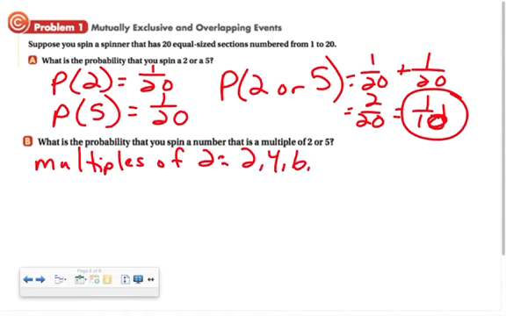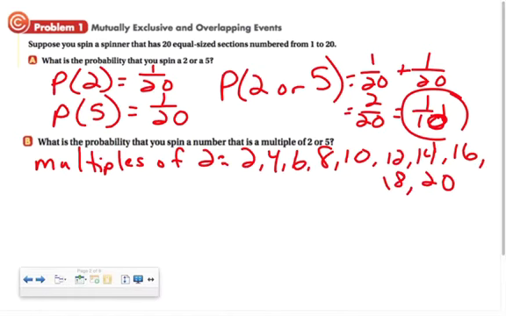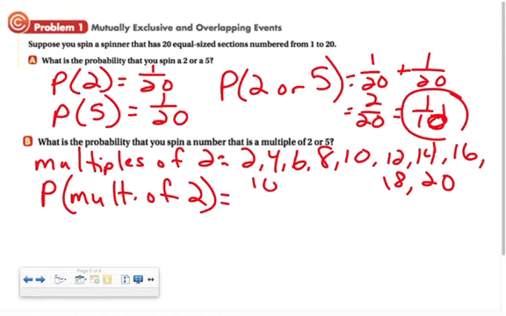would be 2, 4, 6, 8, 10, 12, 14, 16, 18 and 20. So that's 1, 2, 3, 4, 5, 6, 7, 8, 9, 10. So the probability of a multiple of 2 is 10 out of 20, or 1/2.